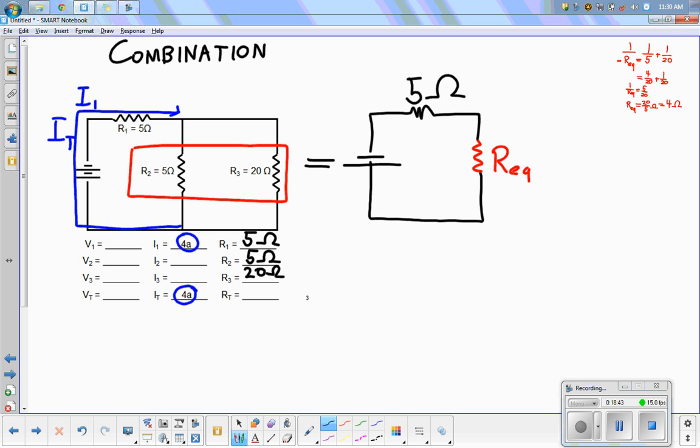Our total resistance then, we can use the rules for series resistance addition. Our total resistance is going to be our 4 ohms from our equivalent resistance plus the 5 ohms of resistor 1. Total resistance here will be 9 ohms.